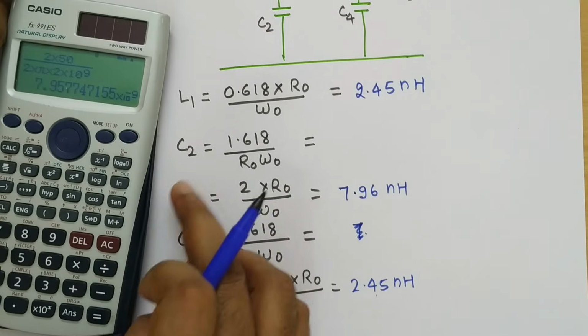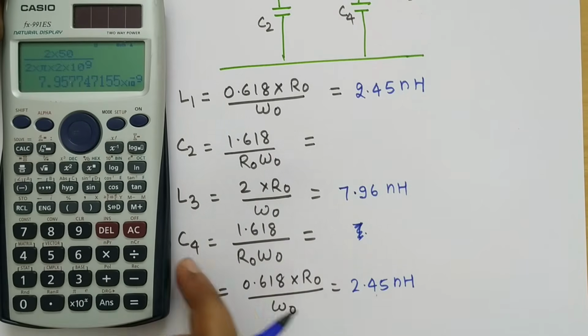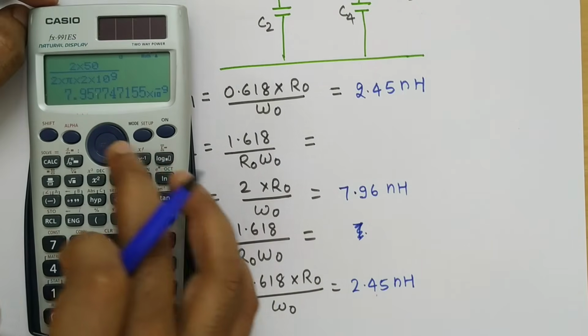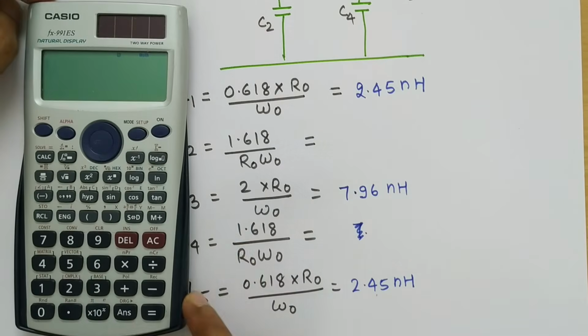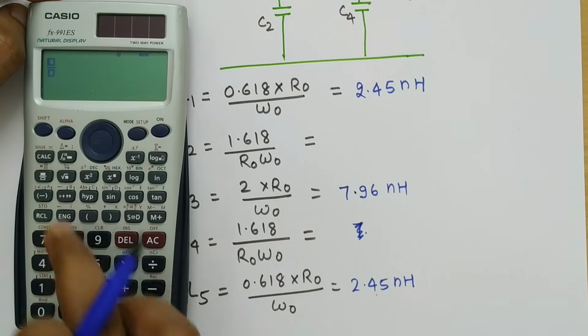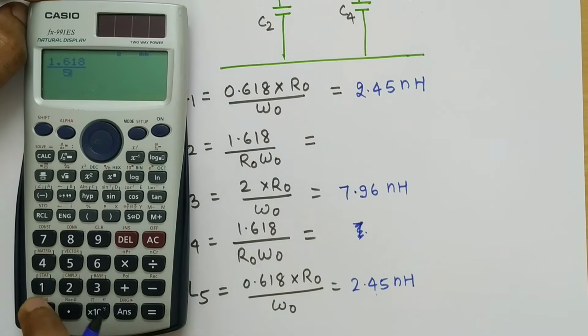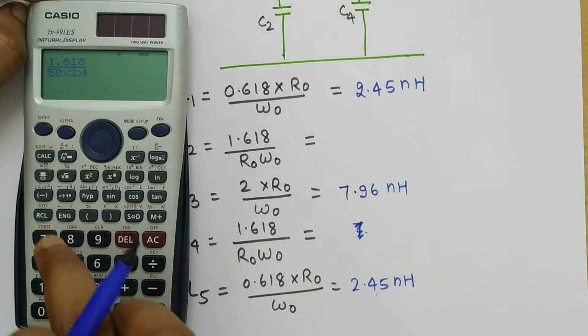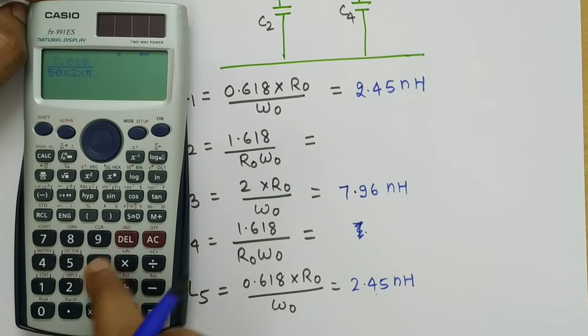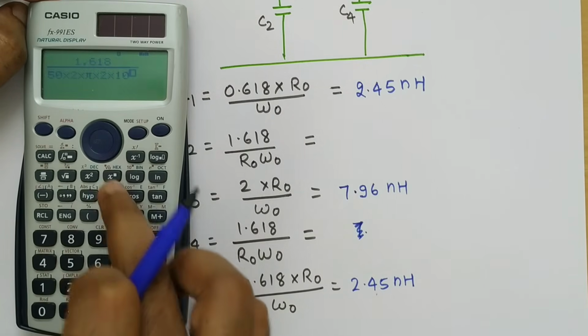Then we have to calculate C2, which will be also equal to C4 as the expressions are the same. So for that, let us take the expression 1.618 divided by 50 into 2 into pi into 2 into 10 to the power 9.